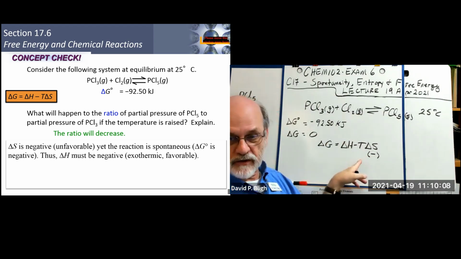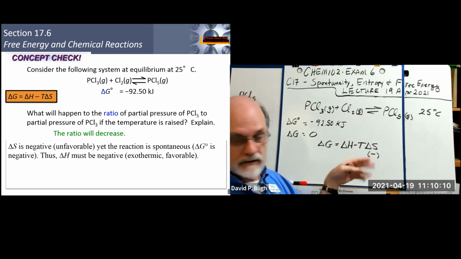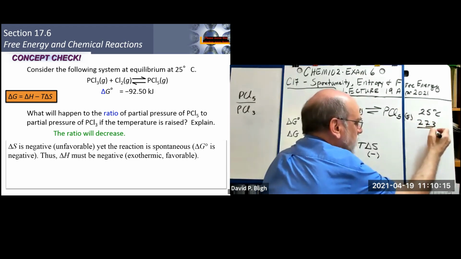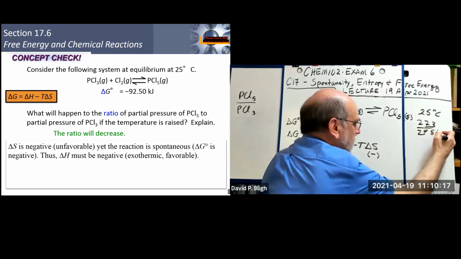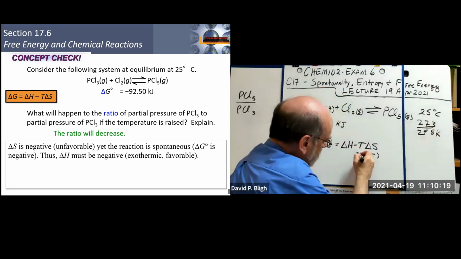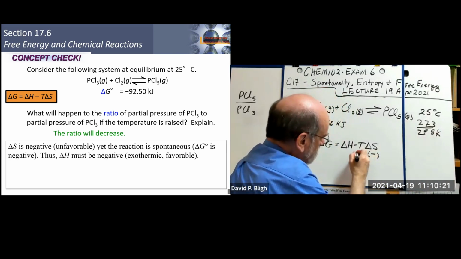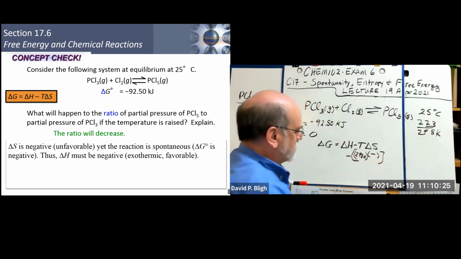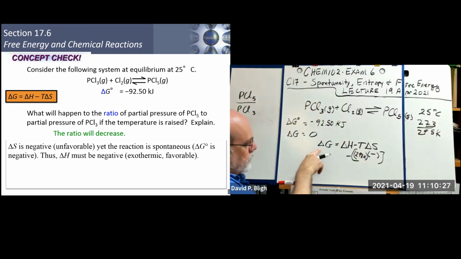We know what the temperature is, right? 25 or 25 plus 273. We may not need this, but I'll do it anyway. 298 K. So we know this is 298 K, and that's a positive term. And we know this one is negative. Well, actually, what do we know about this one?